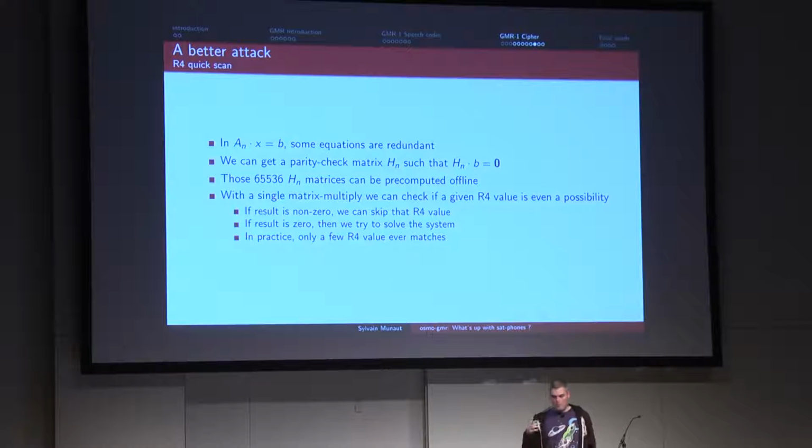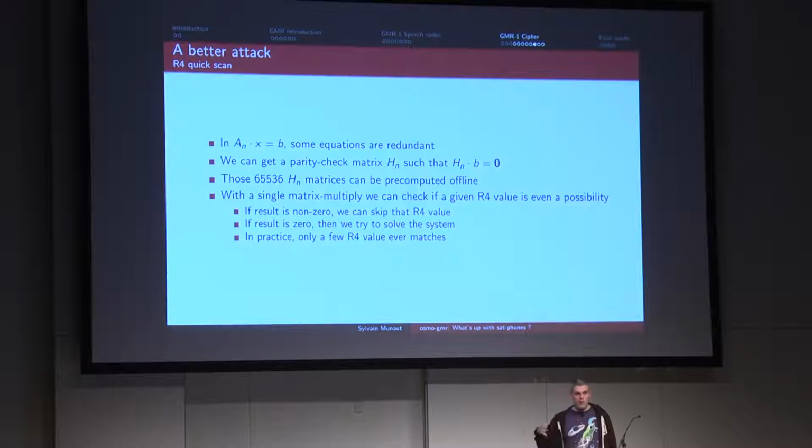For those 65,000 possible systems that you need to solve, so you have A multiplied by x equal b, there's a bunch of rows in A that are going to be linearly dependent. So for each of them, you can build a parity check matrix, HN, with the nice property that when you multiply b by HN, you get a 0 matrix. All those HN, you can pre-compute them.